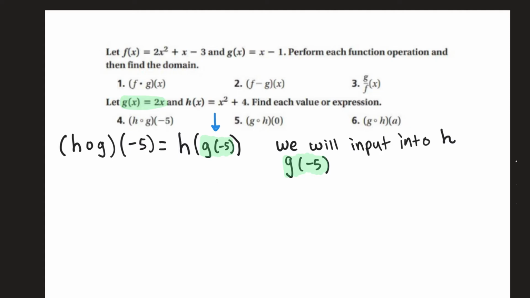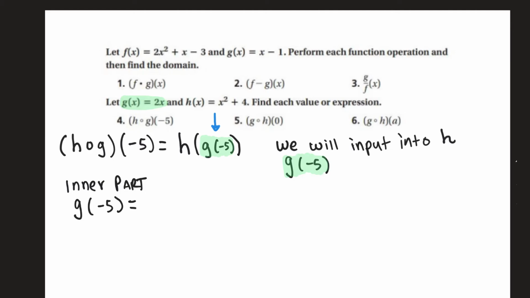Let's do that right now. So just focus your attention on the inner part, which is g of negative 5. And so I'm going to use a red marker, or I'll use a black marker so you can see it. So we're focusing on the inner part. So we're going to focus on g of negative 5.